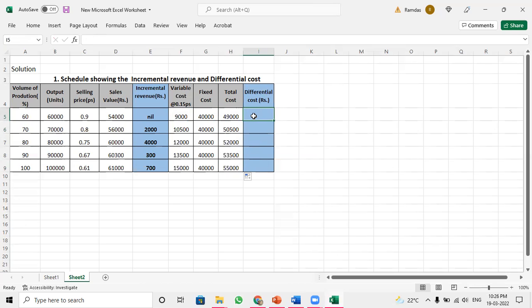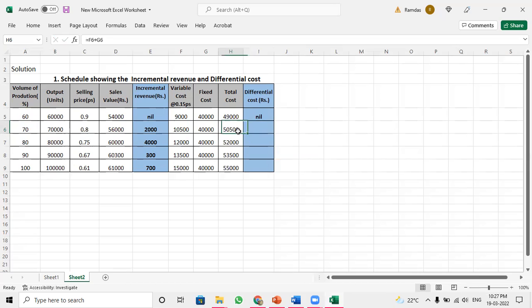Now we are calculating the differential cost. As I told, differential cost is the increase in the cost from the previous level to the current level. So what is the increase or decrease in the cost? In the first level we don't have the previous level of activity to compare, because we are starting off with the volume of production at 60% only.